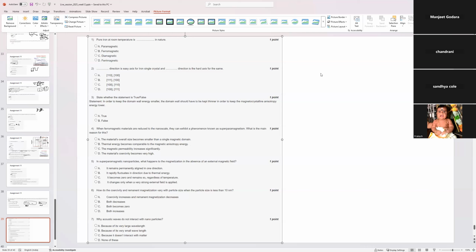Direction of easy axis and single domain. In order to keep the domain wall energy smaller, the domain wall should be kept thinner.